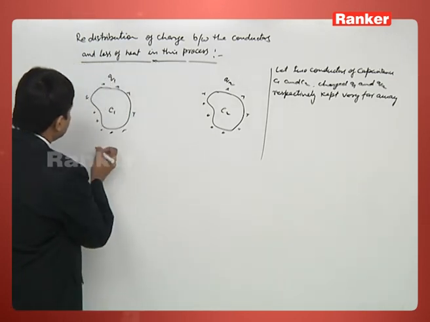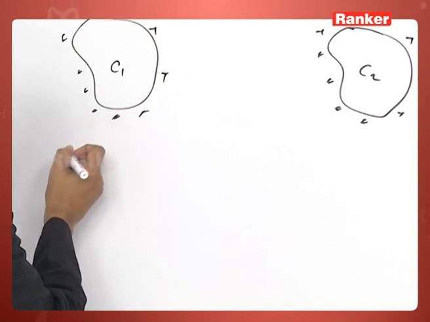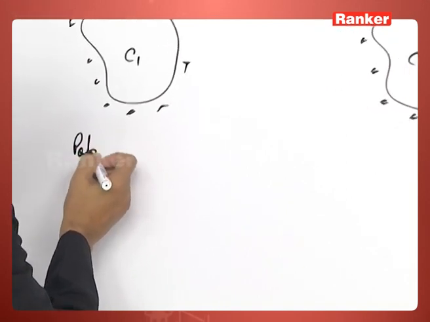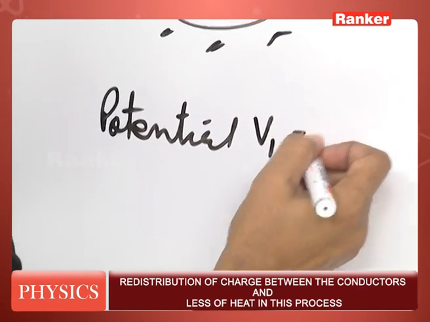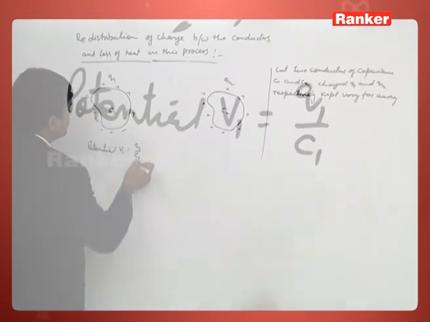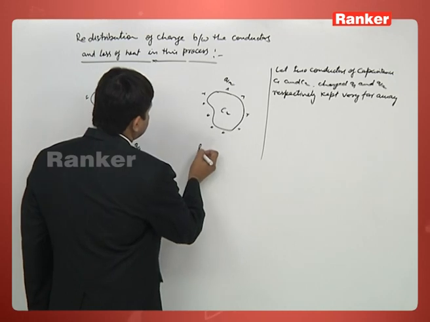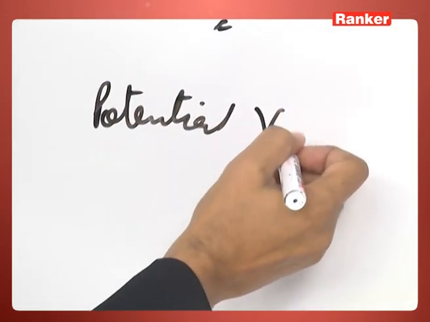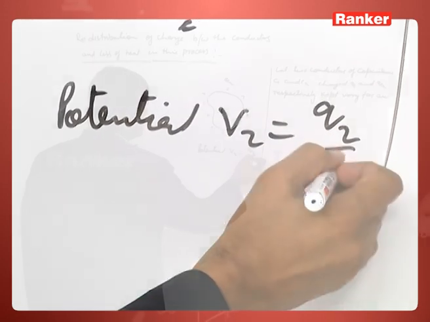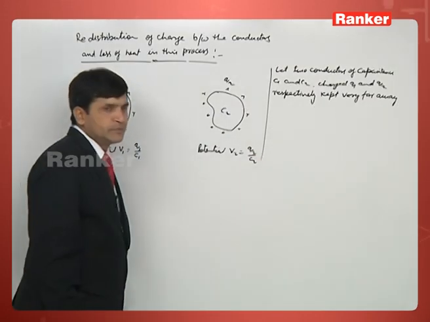Now, because of this charge and capacitance, these have some potential. The potential of this one is V1, which is Q1 by C1. For this one, the potential is V2, which is Q2 by C2.